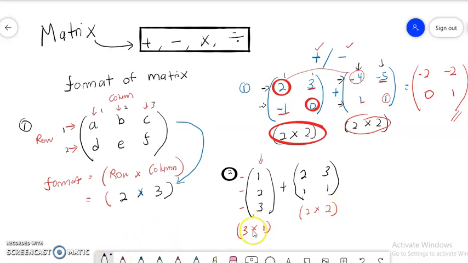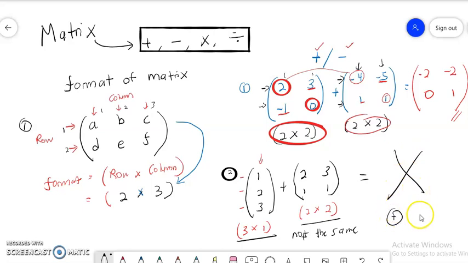You can notice this format and this format are not the same, so we cannot conduct plus or minus.